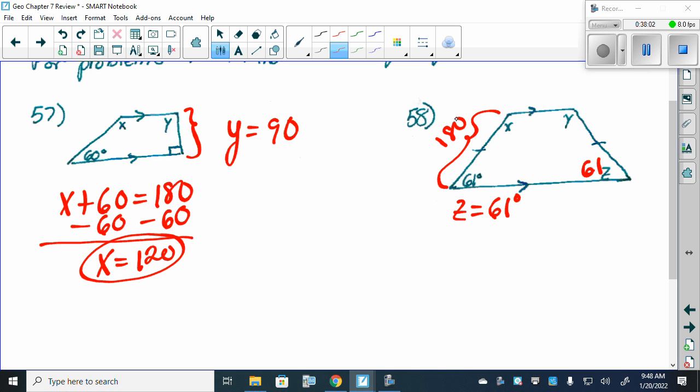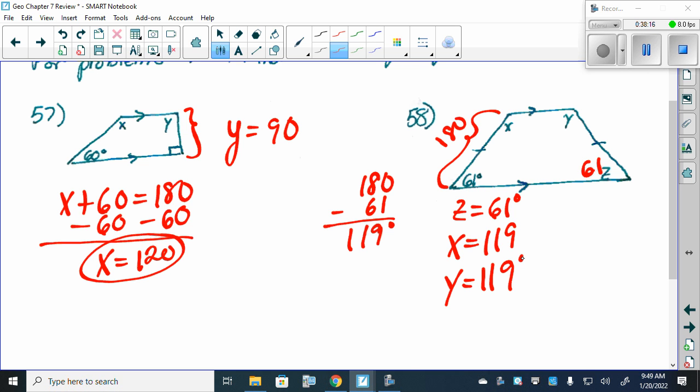Well, what I can really do is 180 minus 61, which is 119. So x is 119, because they are both base angles. Exactly. Any other questions on 57 or 58?